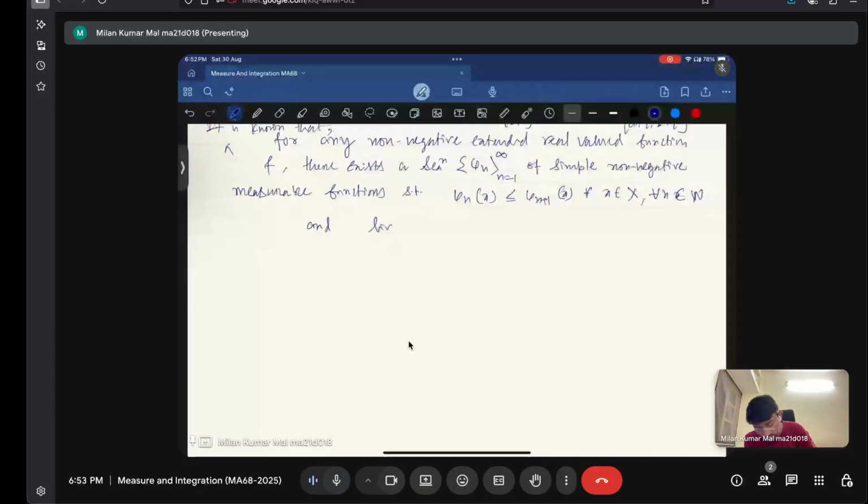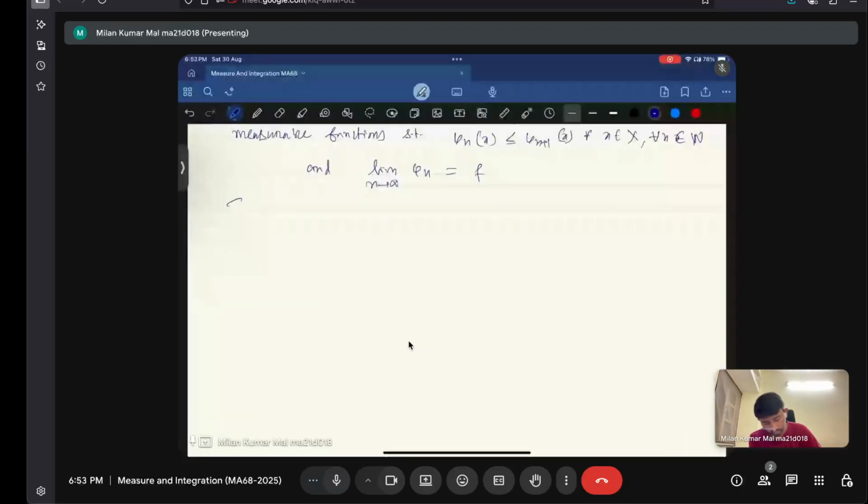Then, using the monotone convergence theorem, the corresponding functions gn are also going to be monotone.